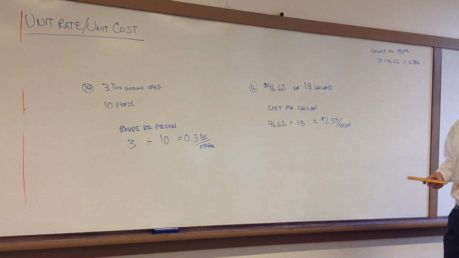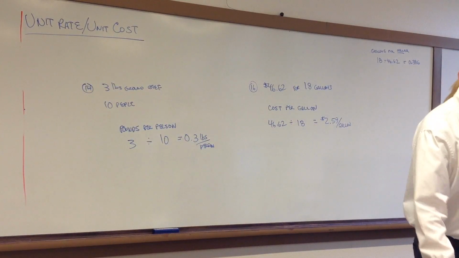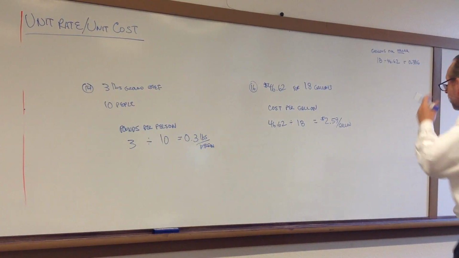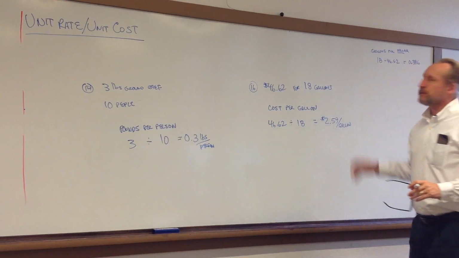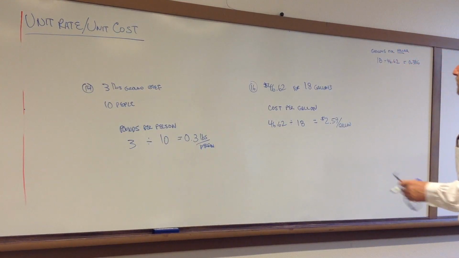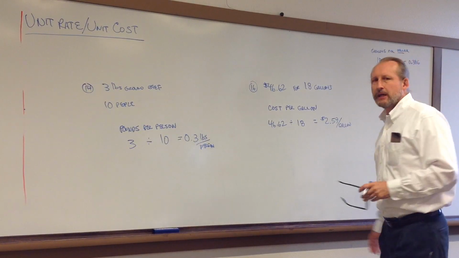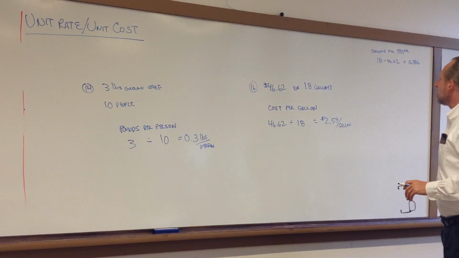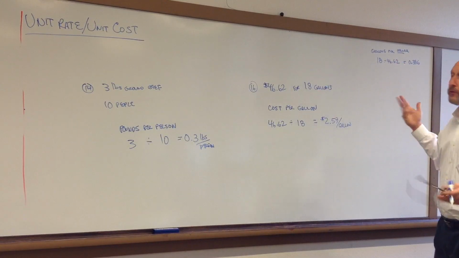So you don't get much gasoline for $1 these days. Okay? And sometimes you might run into problems here and there. I haven't put any on there, and you won't see them on the tests or quizzes, but in looking through textbooks and other resources, they sometimes ask these questions in both ways.